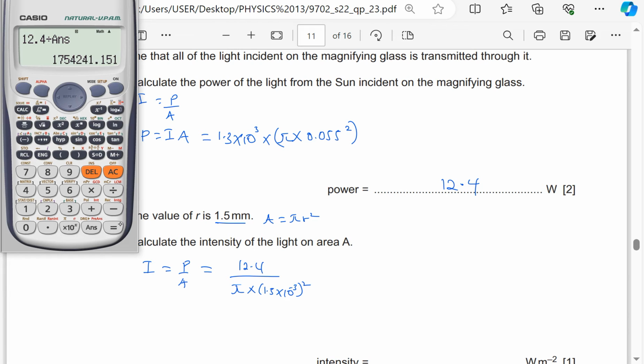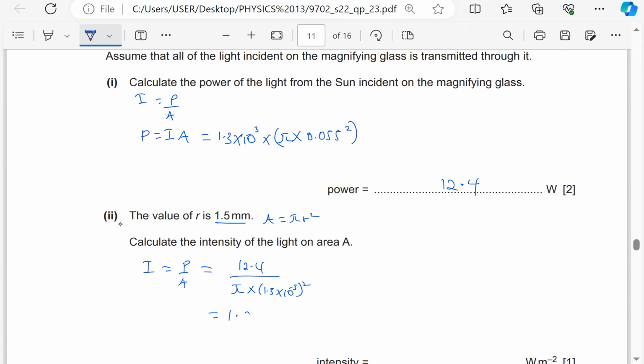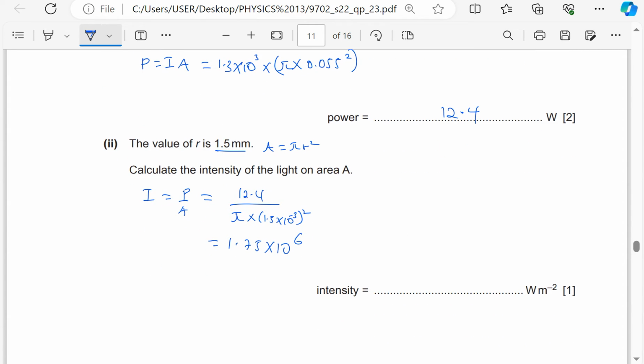So this is 1.75 times 10 to the power of 6. If you use the 12, you could get 1.7. So this is approximately 1.75 times 10 to the power of 6 watts per meter squared, if I use power as 12.4 instead of 12.